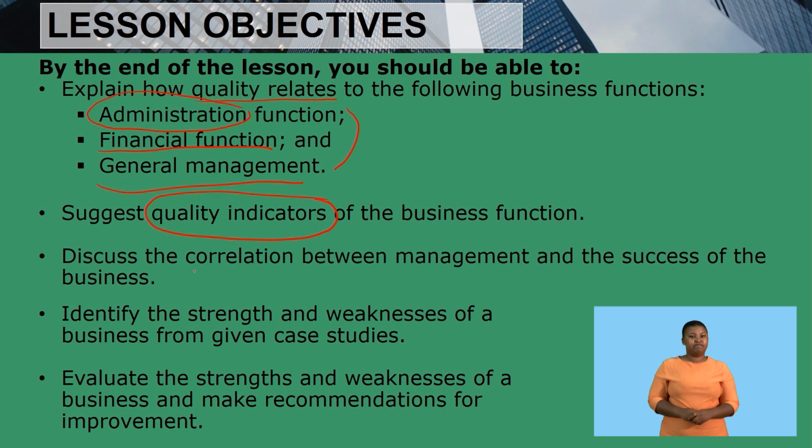Then we are going to look at the correlation between management and the success of a business and also strengths and weaknesses of a business. So we will hopefully be able to identify these strengths and weaknesses out of a scenario and then also be able to recommend how they can improve on their weaknesses. So hopefully we will achieve these objectives today.